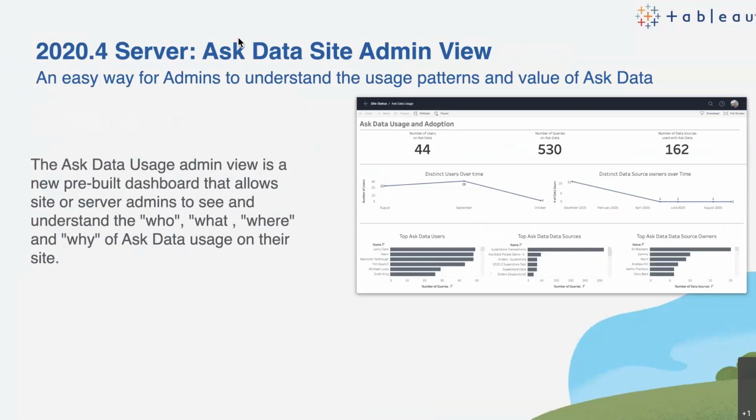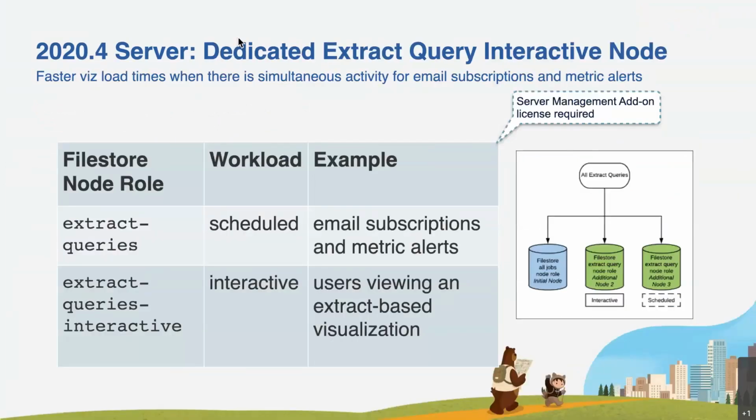I showed you the Ask Data admin view already. Now there is a new one, called the dedicated extracts query node role. This applies to very large implementations. For example, one of my servers has 4 file stores.